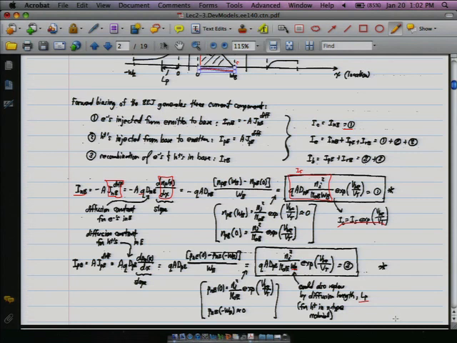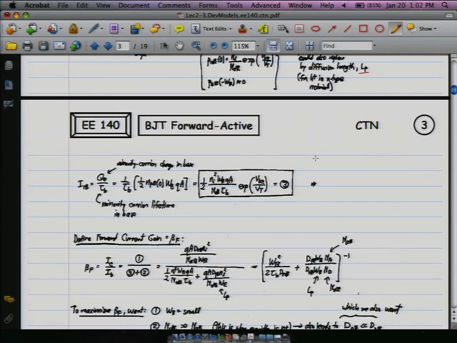So now we can go on to the third contribution. This one gets a little more interesting because it's different. We said this is the recombination of holes and electrons in the base.